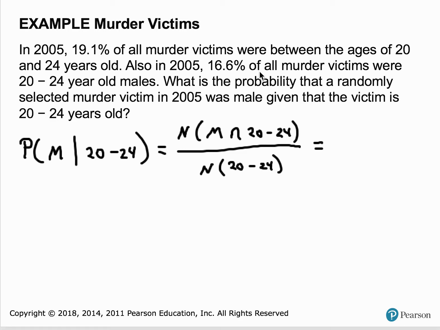And 16.6% of all murder victims were 20 to 24-year-old males. So 0.166 over, just how many were 20 to 24? 0.191. Okay, 0.869.